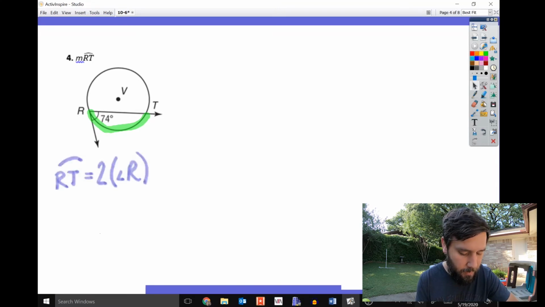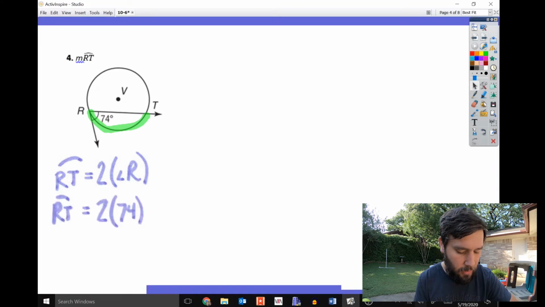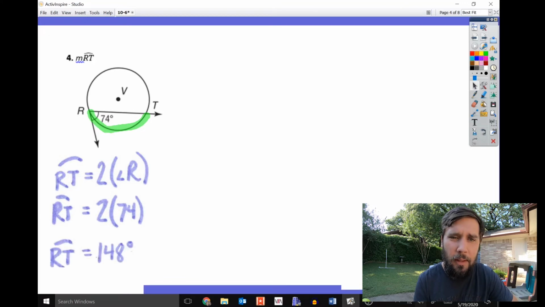So arc RT is twice as big as the angle. We know the angle is 74 degrees, so arc RT is 2 times 74, which gives us 148 degrees. Alright, so if it's on the circle, then the angle is half the measure of the arc.